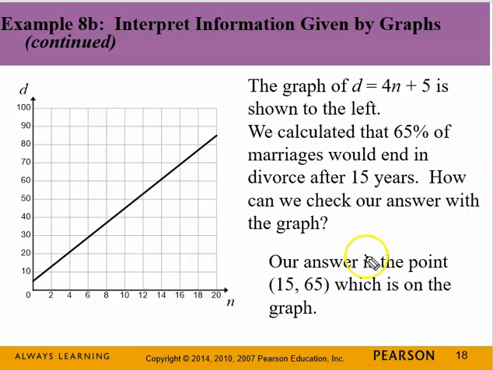So as we look at it, where is 15 on the graph? Well, 15 is right there. And then if you go up, where does that cross the line here? Right there. And if you go this way, you see there's where 65 is. So just a little sketch of this to support this.